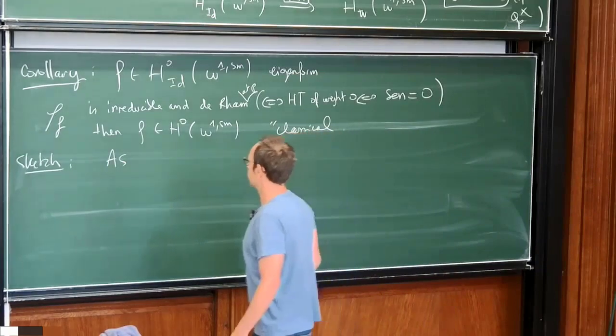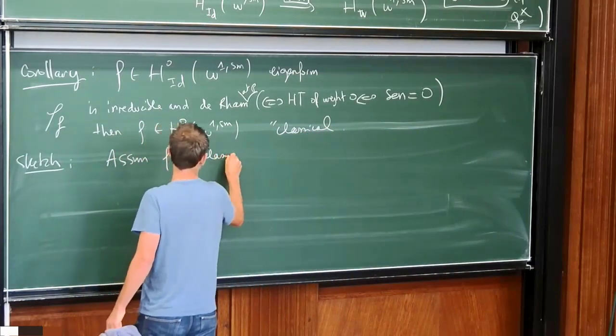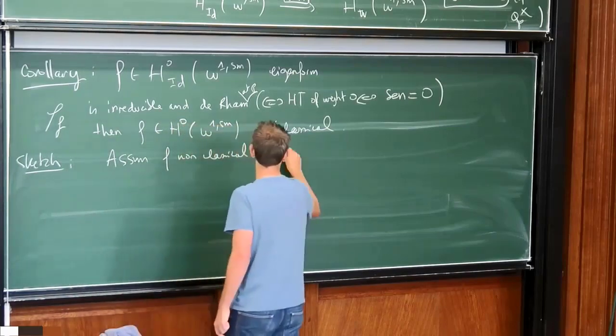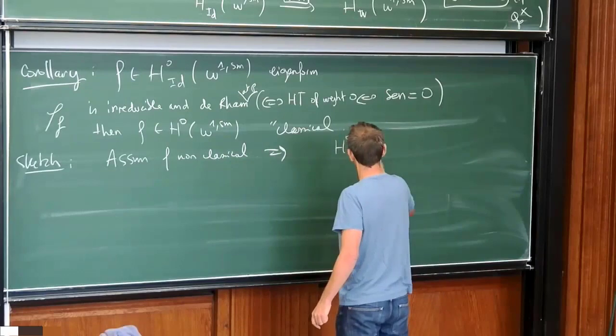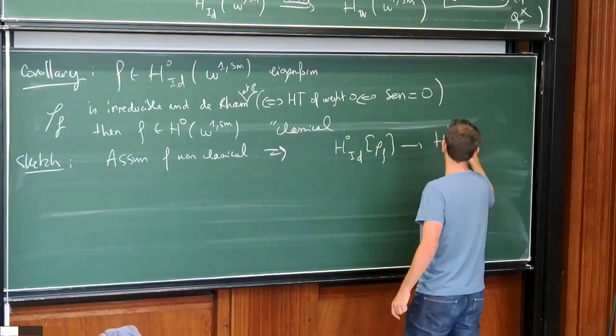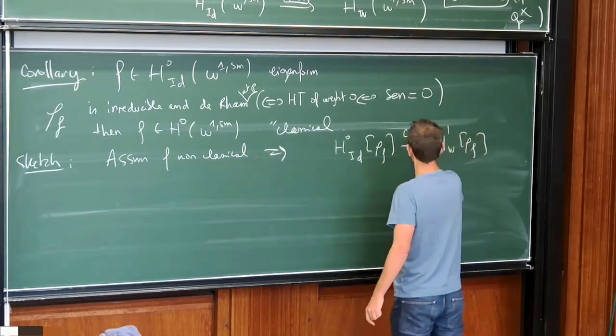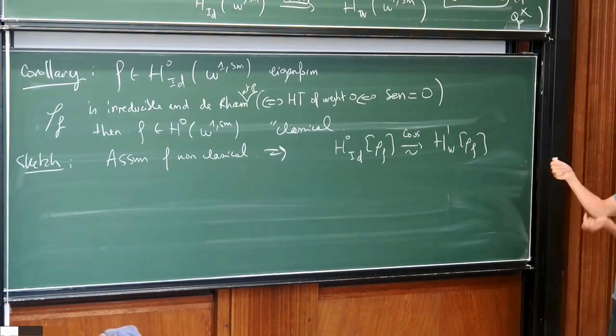So maybe assume f is non-classical. Then it's not hard to see that this implies that the Cousin map on the rho f isotypic part has to be an isomorphism. Otherwise you would get some classical cohomology and then f would be classical.